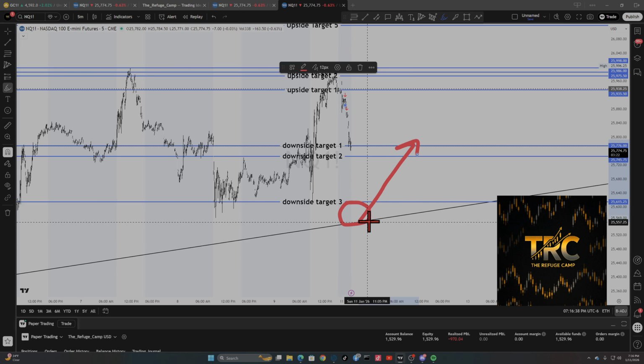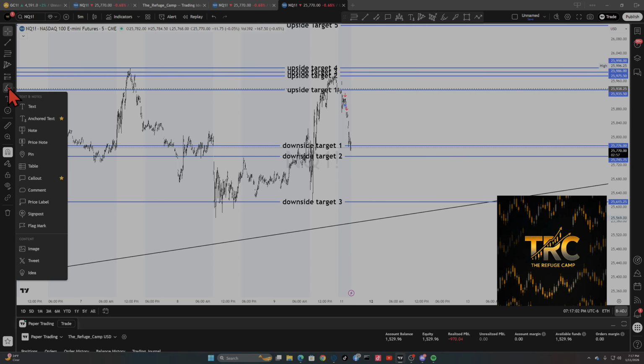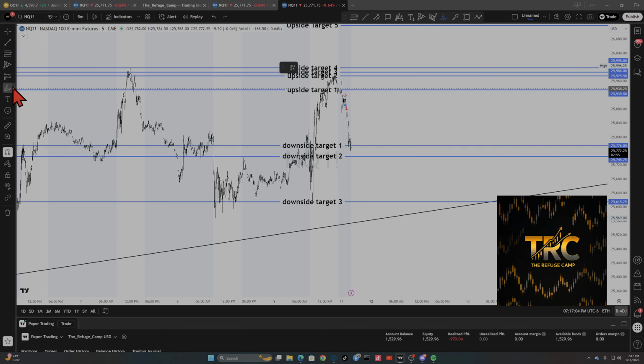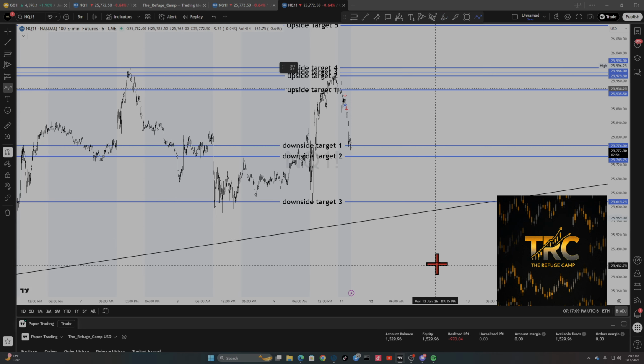Now, if price gets here and this trend line breaks, you wait for price to do exactly this. You wait for price to do what? Anybody know where this is going? If we break a trend, how do we trade it? With the trend. But what do we wait for to confirm it?